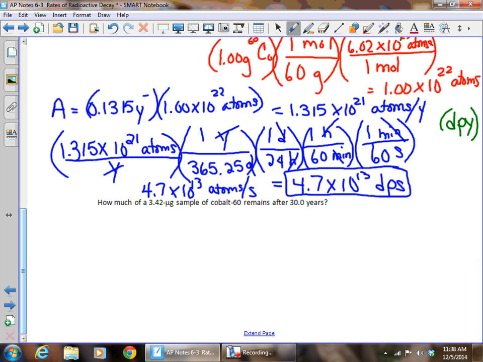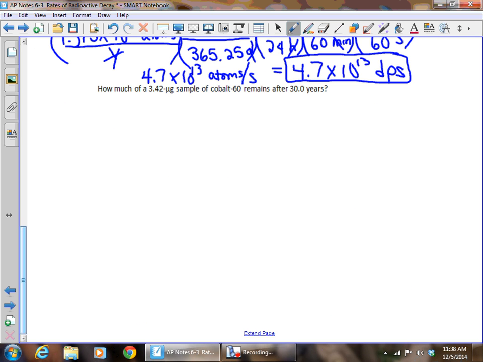Now, on the next one, it asks how much of a 3.42 microgram sample of cobalt-60 remains after 30 years. So we go back to the equation as soon as it gives us a time elapsed. This is very important. As soon as it gives us a time elapsed, we know we're using this equation. And we're dealing with a microgram sample, so we're going to specifically use ln of N over N0 equals negative kT.